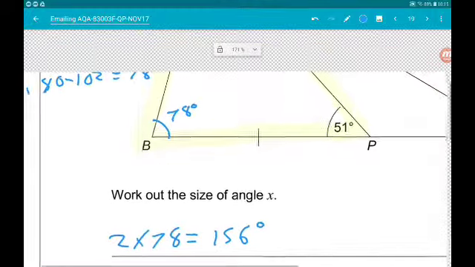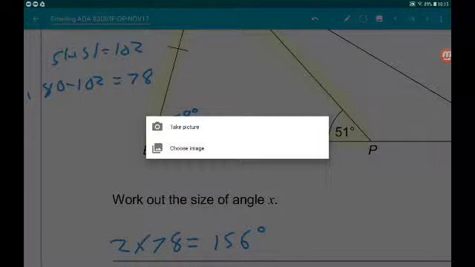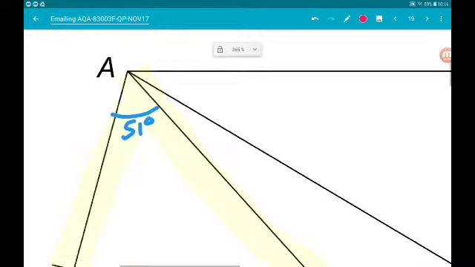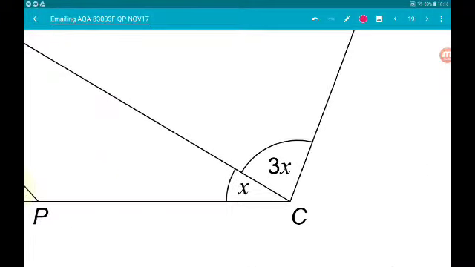So we can work out what this whole angle up here is, and this whole angle down here. Remember, they are opposite, so they are equal.